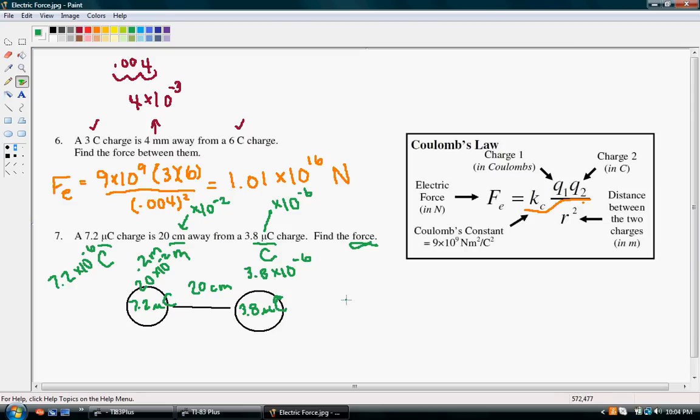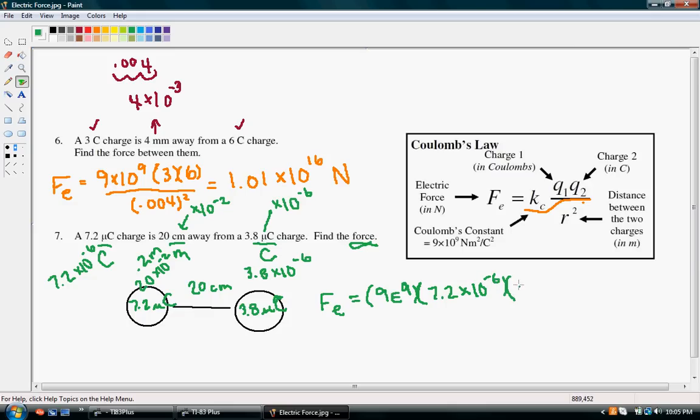Anyway, so we can plug this in. Our electric force is equal to 9e to the 9th, or 9 times 10 to the 9th, it's the same thing. And we can use 7.2, and let's say, this time, times 10 to the negative 6, okay?